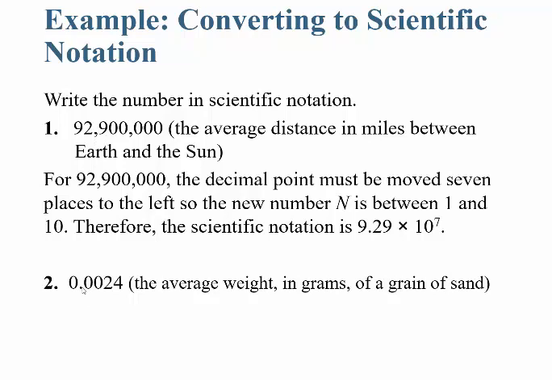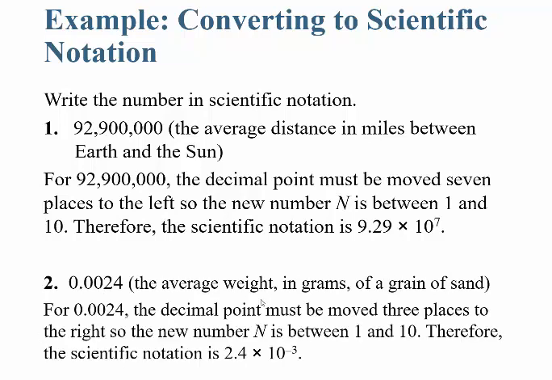Here, look at this. I'm going to move it 1, 2, 3 to get the leading number there. So the decimal place must be moved 3 places to the right, so that the number is between 1 and 10. But because I moved it to the right here, this scientific notation is 2.4 times 10 to the negative 3. All right, class, thanks.